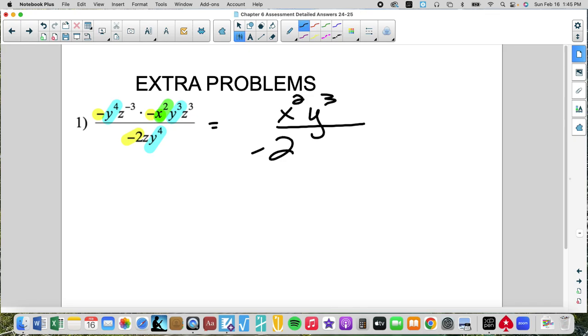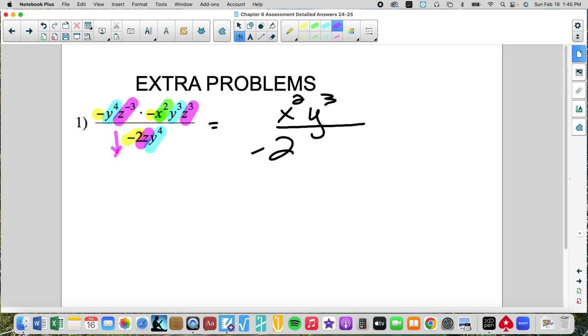And now let's deal with the z's. We have z to the negative 3 and z to the third. So if I move this down, I have a z to the third in the denominator. Oh, and I almost forgot that z. That one's kind of tricky.